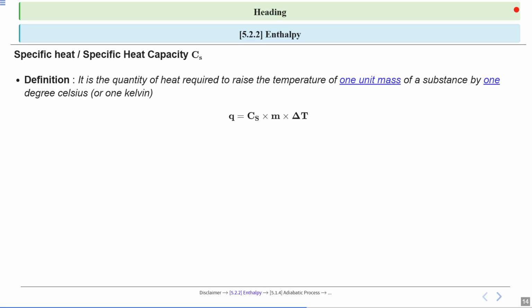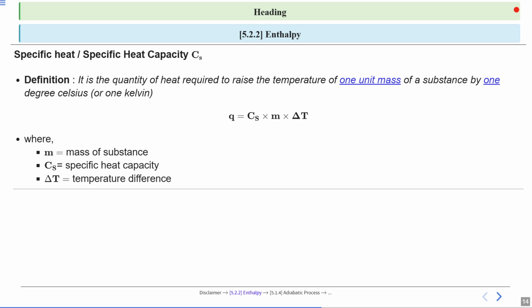How can we define it? It's very simple. Just relate it with the mass. So Q equals Cs m delta T, where m is the mass of the substance, Cs is the specific heat capacity, and lastly delta T is the temperature change. This formula is similar to your molar heat capacity; we have just rearranged it.